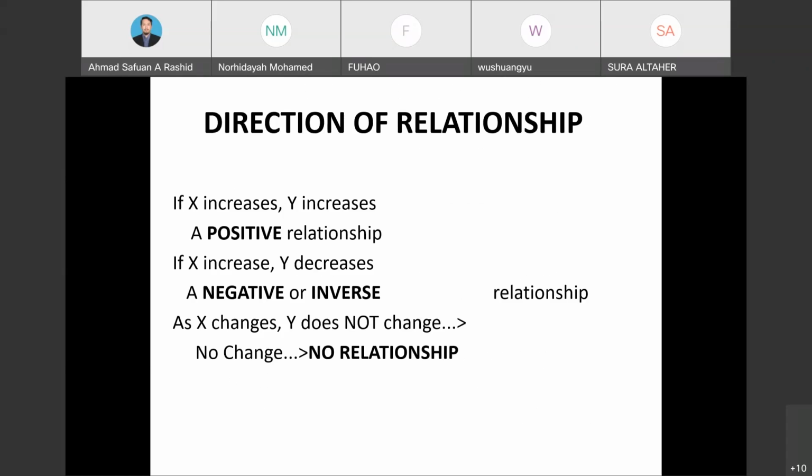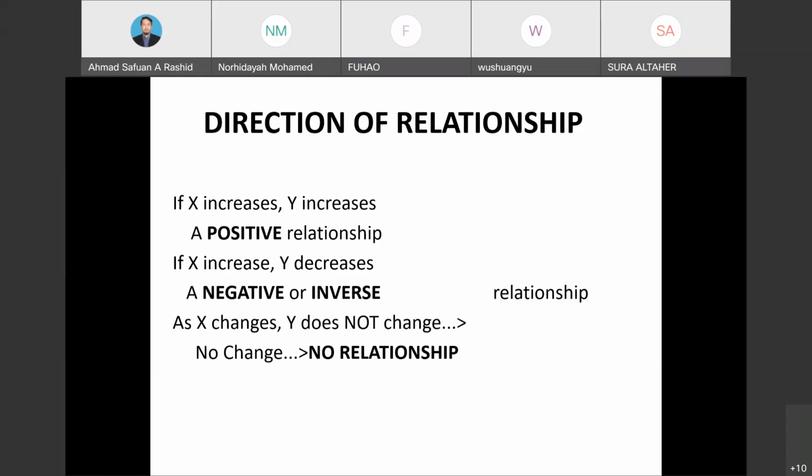So perhaps it can be positive, negative, or there is no relationship. Okay. So you need to know, especially when you want to explain the relationship, you need to use the standard terms, for example gradually increase.